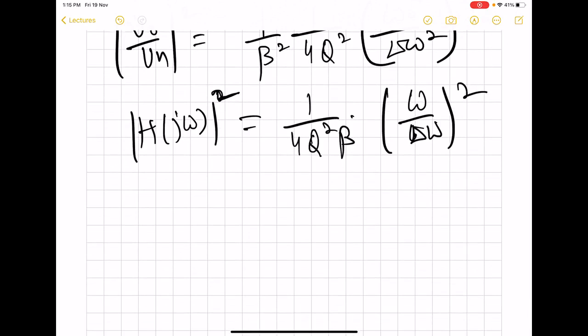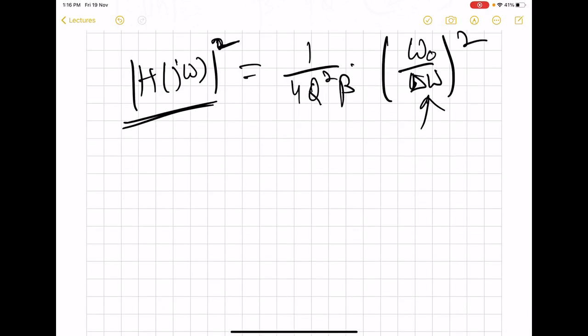So here we see that this is going to depend inversely on the square of delta omega. So as we move away from the center omega naught, the value is going to degrade very fast with the square of the offset frequency. So what is going to be the consequence?